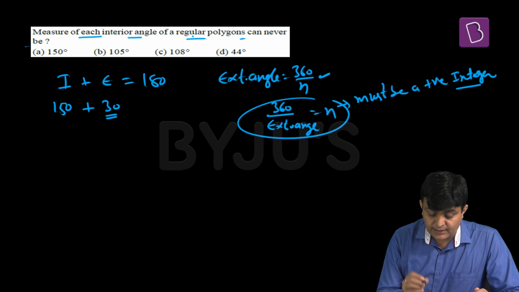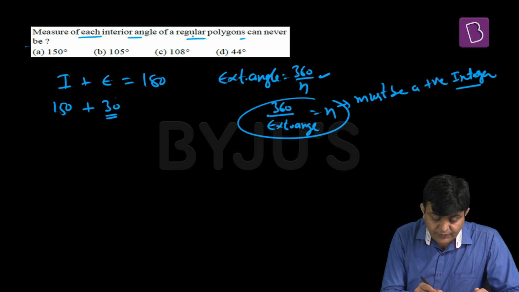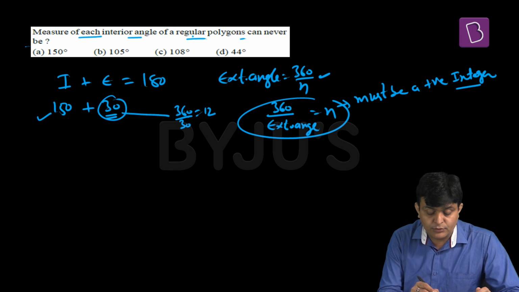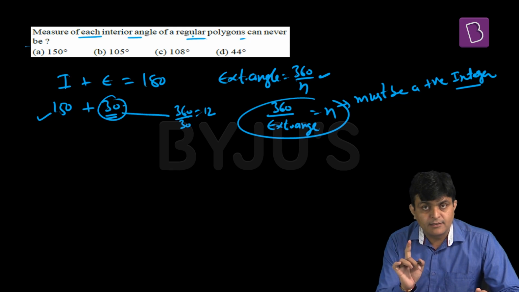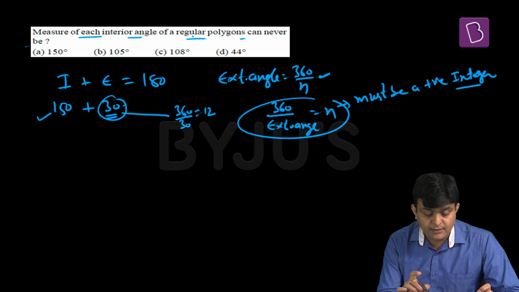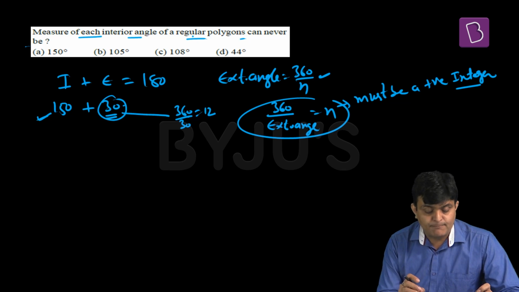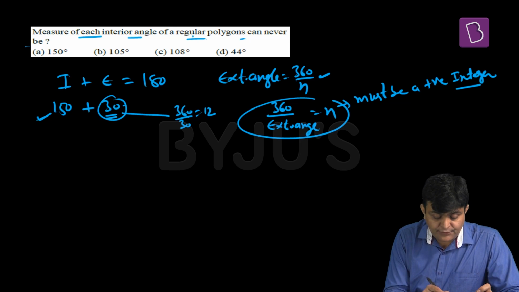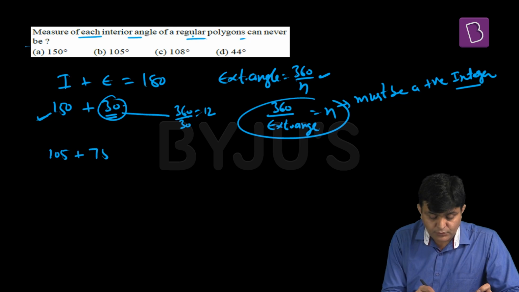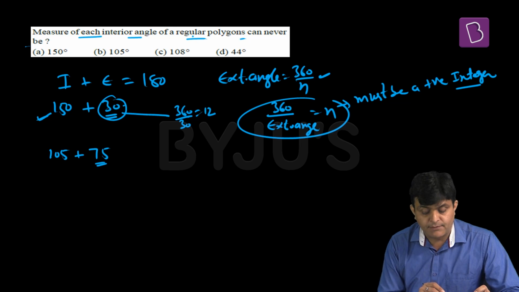So here if external is 30, so its counterpart 150 may be the internal angle, right? And second, if we take 105, so external should be 75.